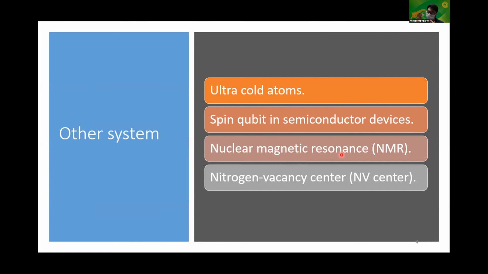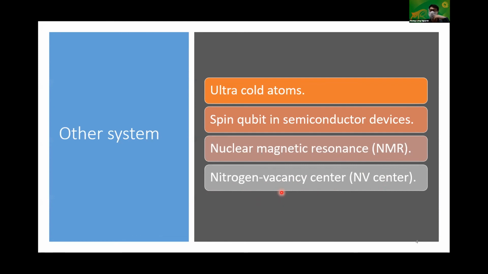It has a lot of advantages, but it is challenging to control. And the final one is the nitrogen vacancy center in diamond. This one is really interesting, as it can work at normal pressure and normal temperature, while all other systems have to be put into specific conditions to work reliably. So, to recap, around 6 systems: superconductors, trapped ions, ultracold atoms, spin qubits, nuclear magnetic resonance, and nitrogen vacancy centers.